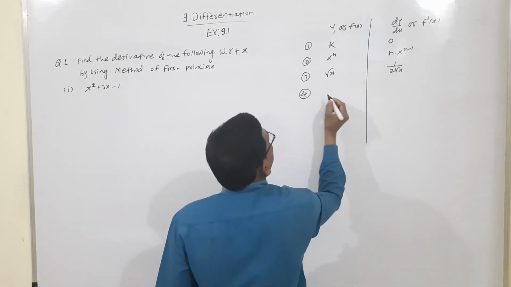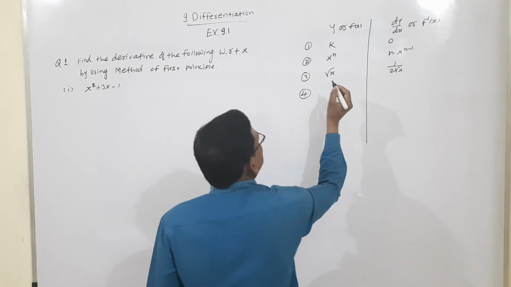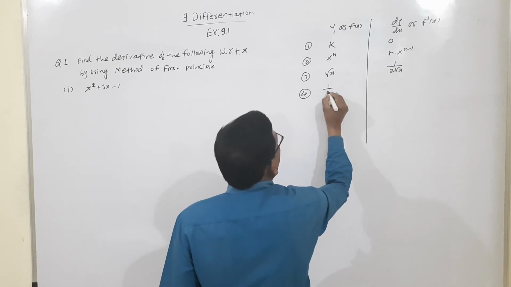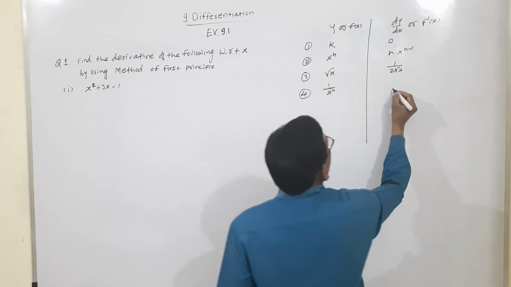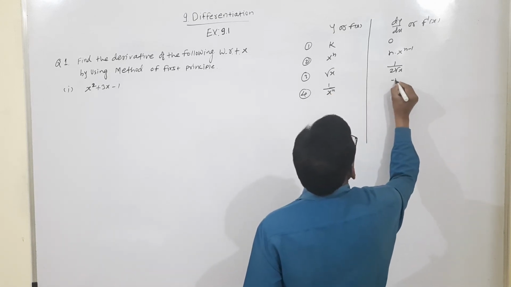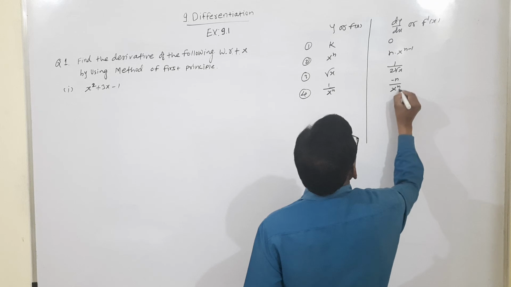Fourth, the derivative of 1 by x, or 1 by x raised to n, is minus n upon x raised to n plus 1.